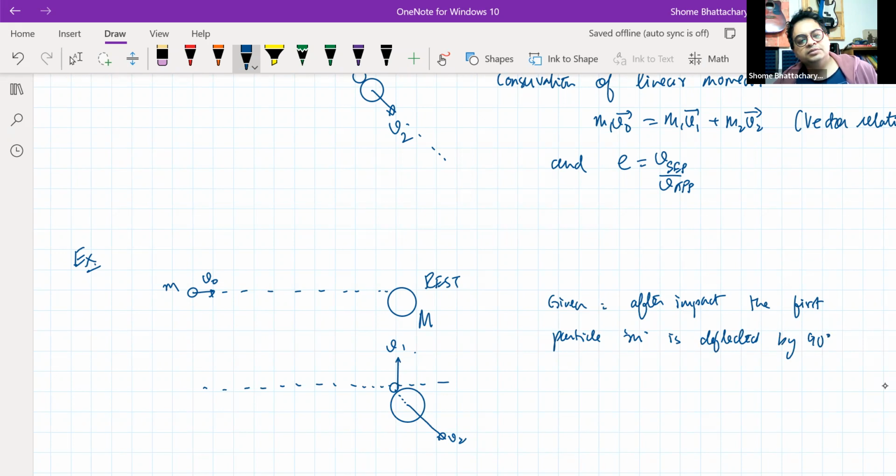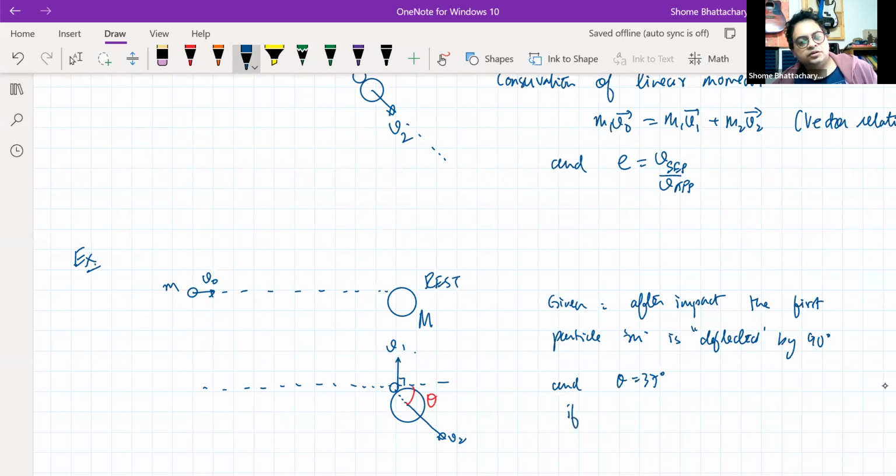What this statement means is that its final velocity v1 is perpendicular to its initial velocity. Okay, and this angle here is also given to us. This angle is 37 degrees.